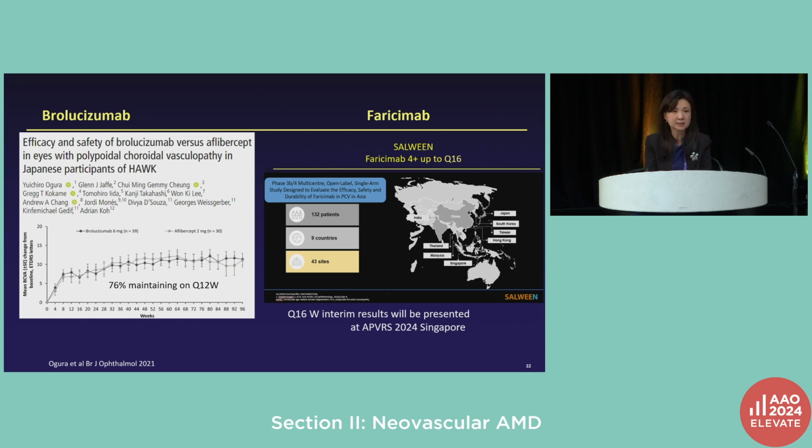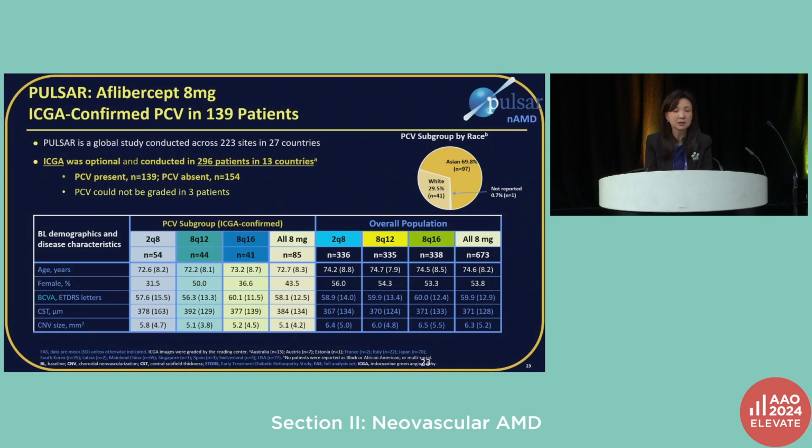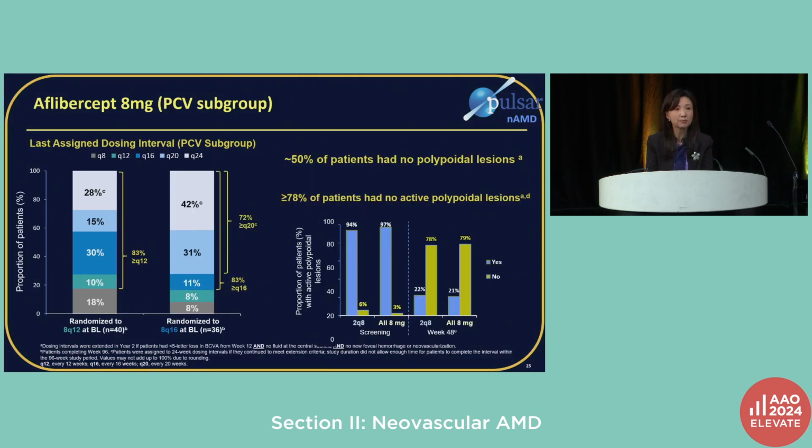With faricimab, this is currently evaluated in SALWEEN with a 4+ up to Q16 week regimen, and the 16-week interim data will be released first time at the APVRS in Singapore next month. And finally, with the PULSAR, we saw one of the biggest PCV subgroup analyses available with 139 patients to be exact, reporting similar visual gains in the PCV subgroup compared to the overall population.